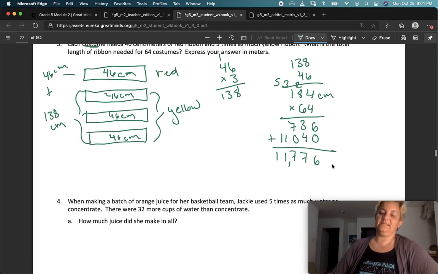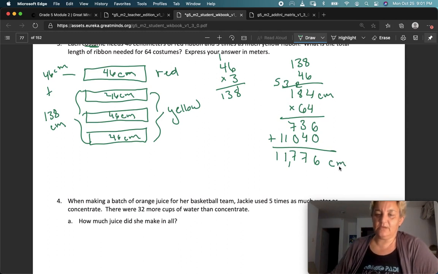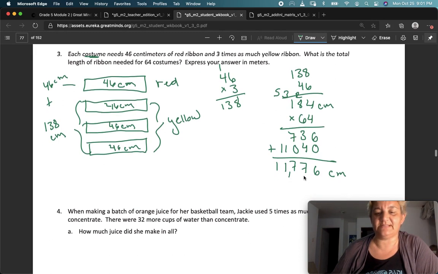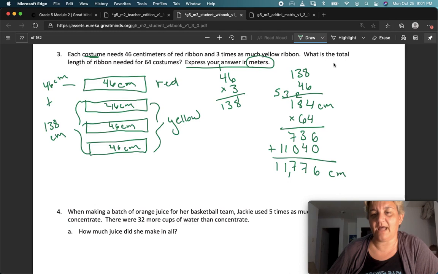Now, this is centimeters. What is the question asking? What is the total length of ribbon needed for 64 costumes? Well, 11,776 centimeters. But then it says express your answer in meters. So I know that 1 meter equals 100 centimeters.